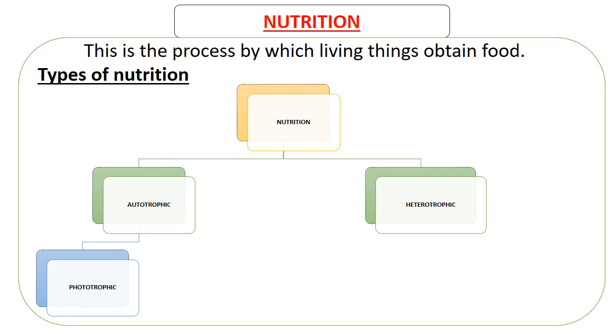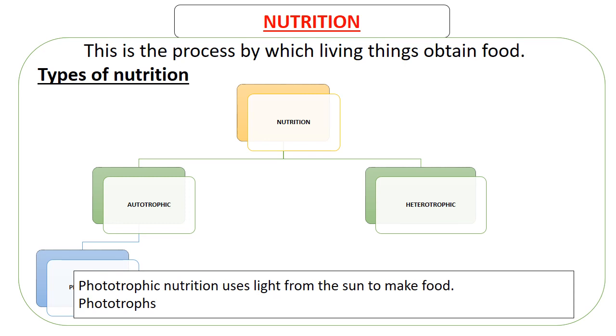So photo means light. Photosynthesis, making things using light. Phototrophic nutrition can be defined as a type of nutrition which uses light from the sun to make food. Such organisms are called phototrophs. An example, as we discussed, is a plant.